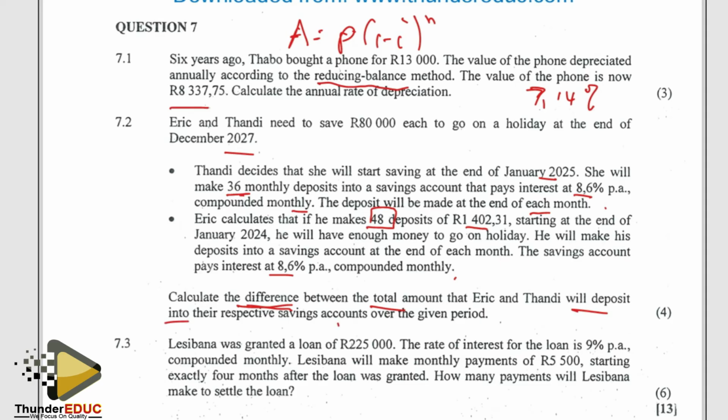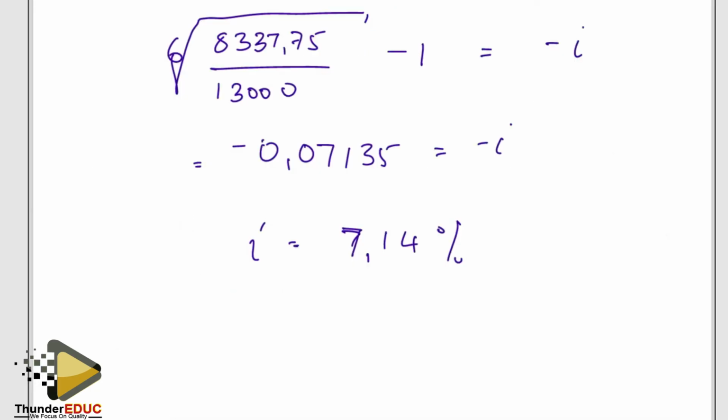So we can get the total of Eric, which is 1402.31. We multiply it by how many months or deposits? There are 48. We shall get the total. The problem is that we don't know how much Tandy was depositing, so we need to start by getting the x of Tandy.